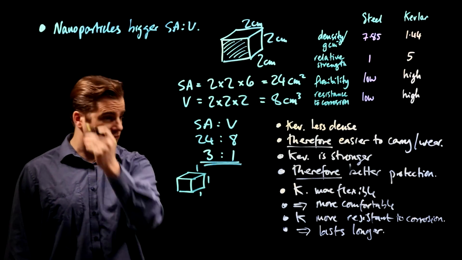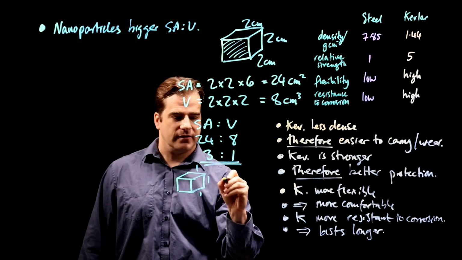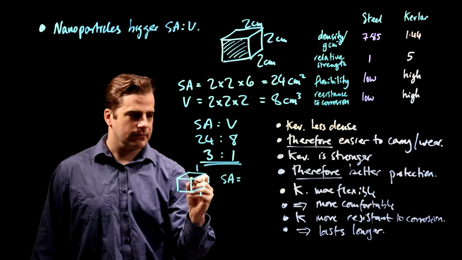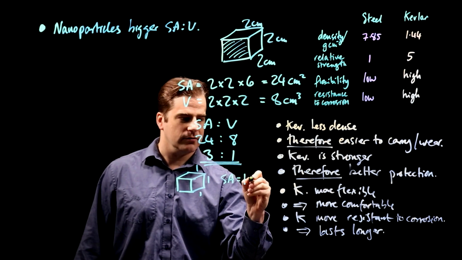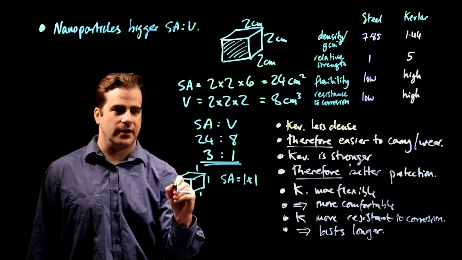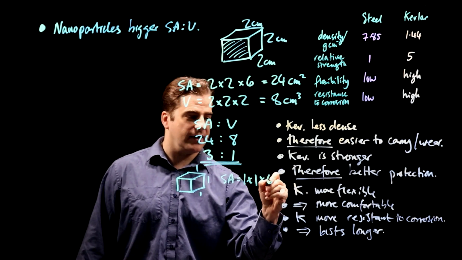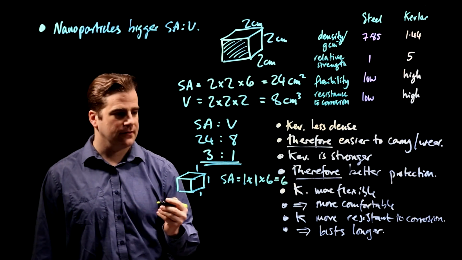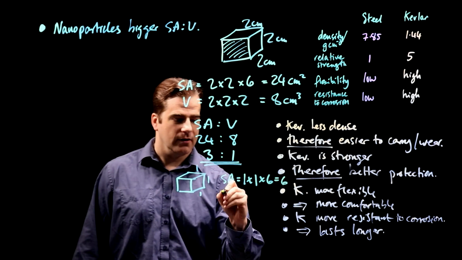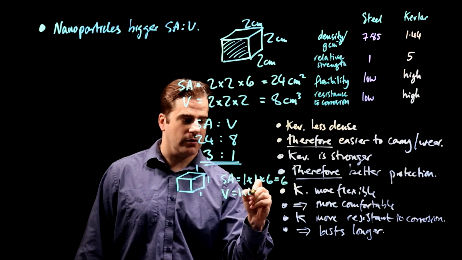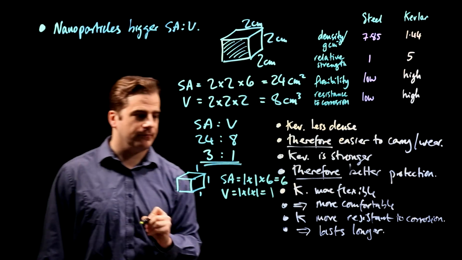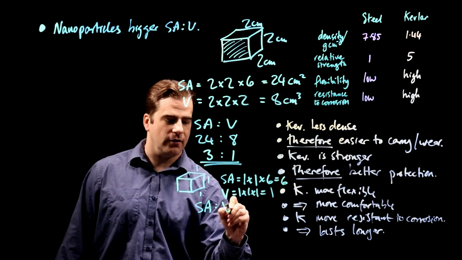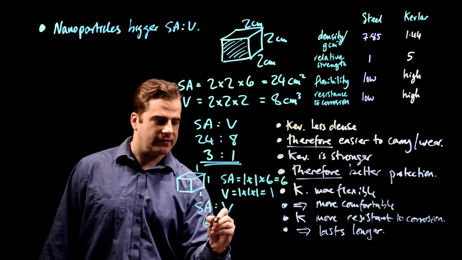Let's quickly work out the surface area to volume ratio. So, the surface area is 1 times 1 for each of the faces times 6, because there's 6 of them, okay, which is 6 centimetres squared. The volume is 1 by 1 by 1, which is 1, okay? So the surface area to volume ratio is 6 to 1.